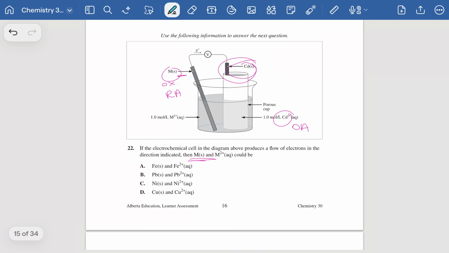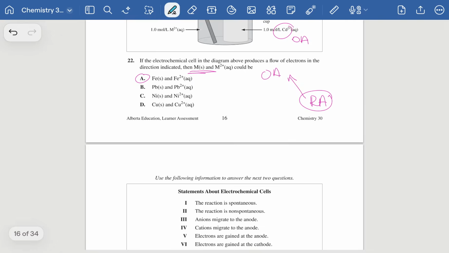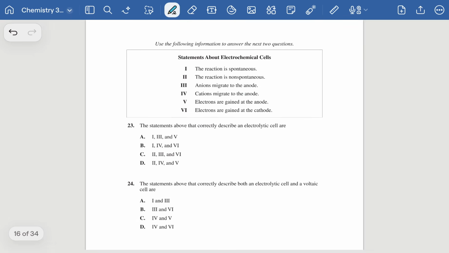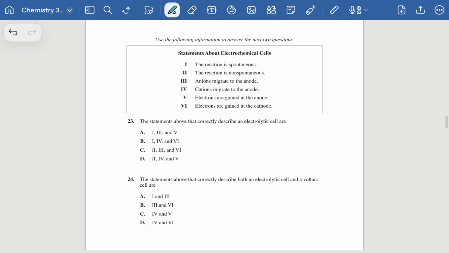And your oxidizing agents on the table have to be higher than the reducing agent if this is a spontaneous reaction, which it's implying. So you would go through and take a look, and the only reducing agent that is lower is iron. The rest are higher, and that would make it a non-spontaneous reaction, so it wouldn't be our answer. Same idea.